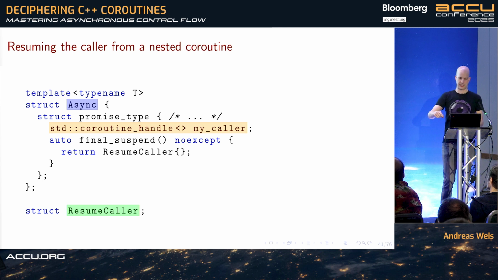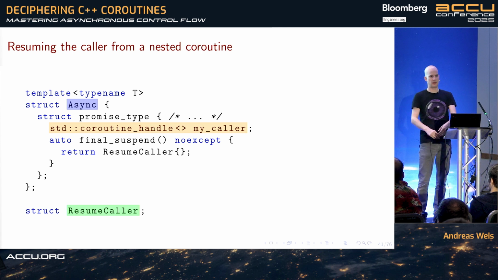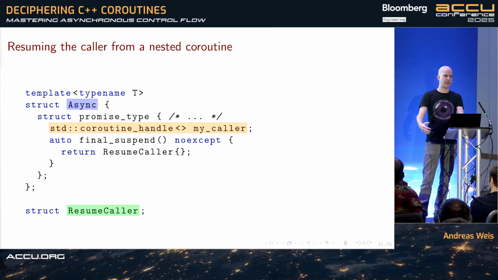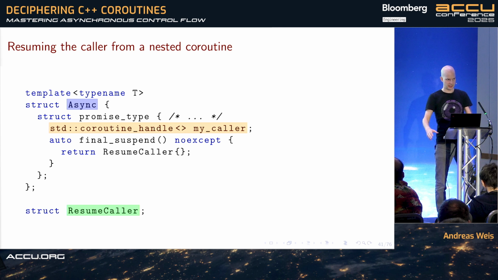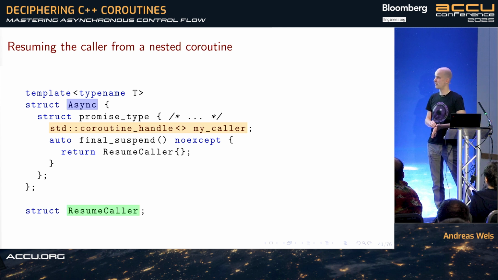And the final suspend, the only thing that we can do there is provide an awaitable that the compiler will call co-await on as part of finally suspending the inner coroutine. So that thing is sort of the key, right?